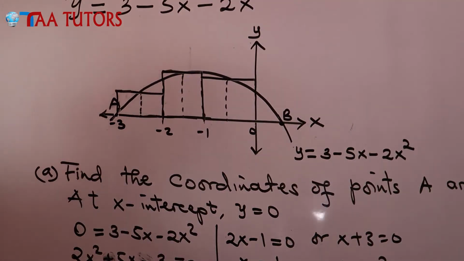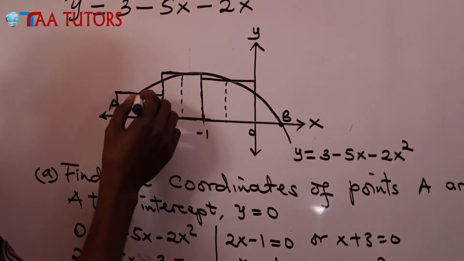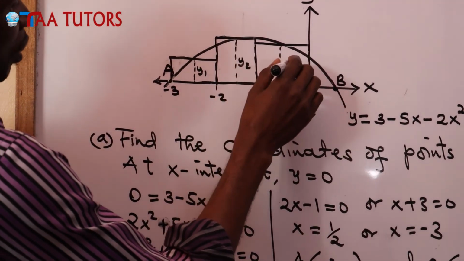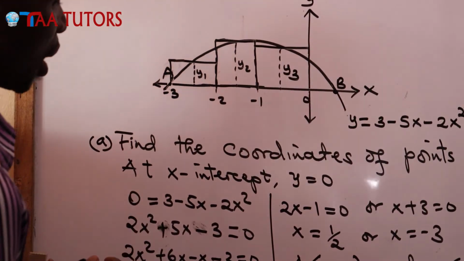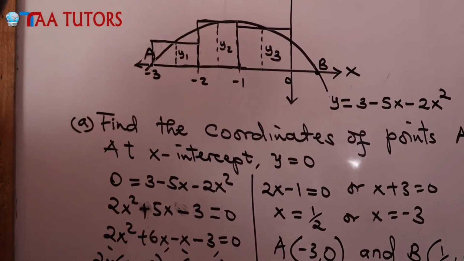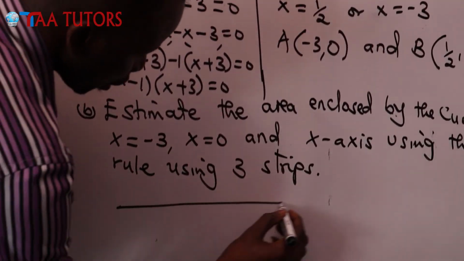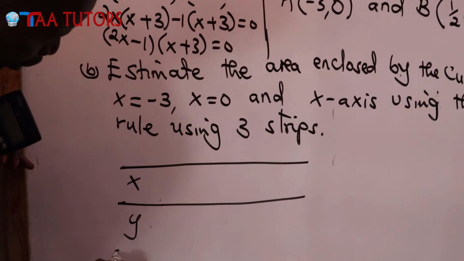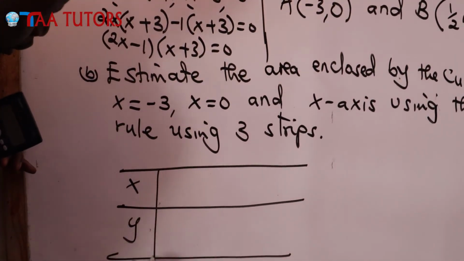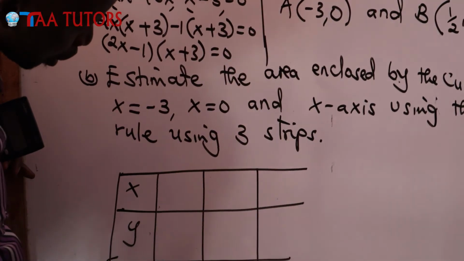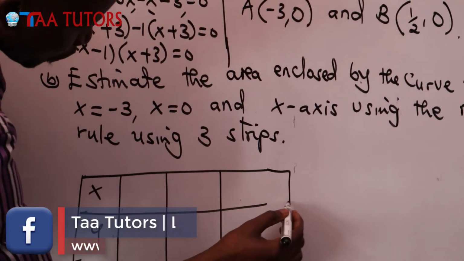We have to get these values of y, which is y1, y2, y3, and for us to do that, we'll need to bring in the table. If I draw the table, x and y, these y's will correspond to the mid-ordinates. There are 3 of them.